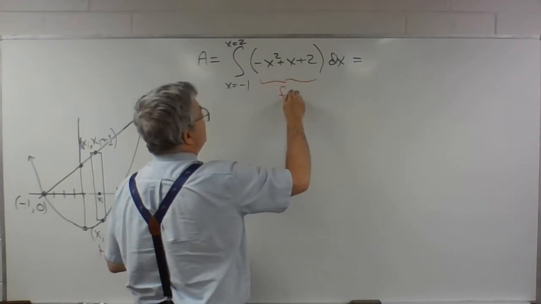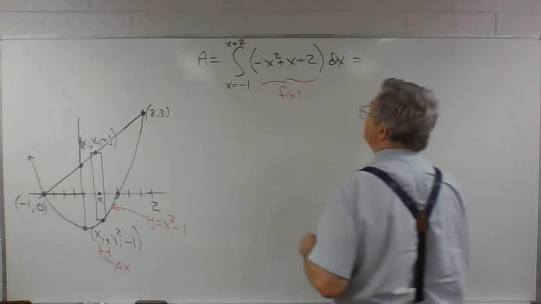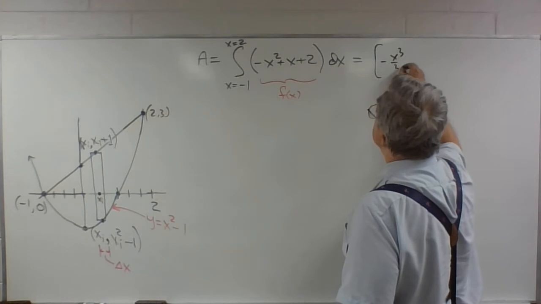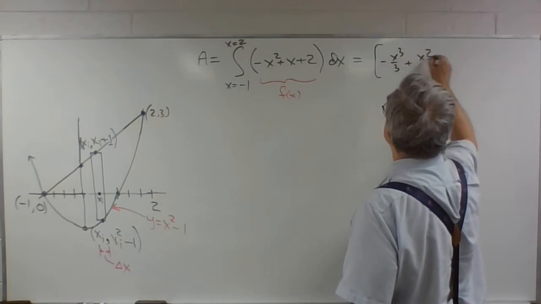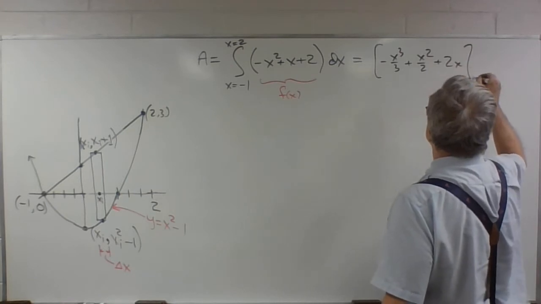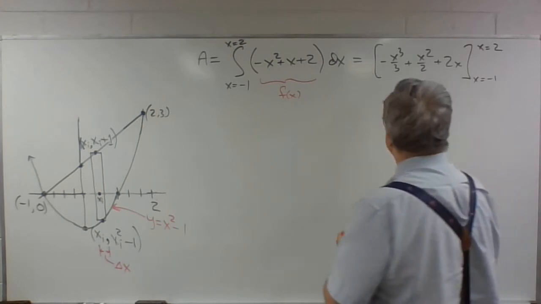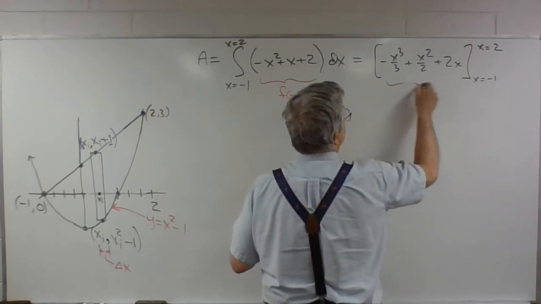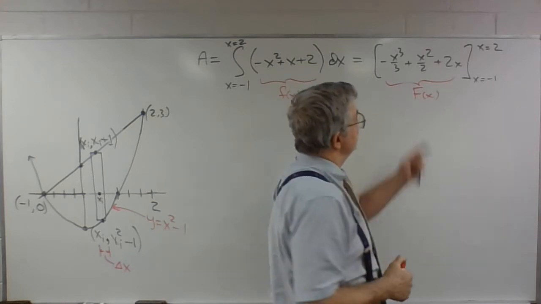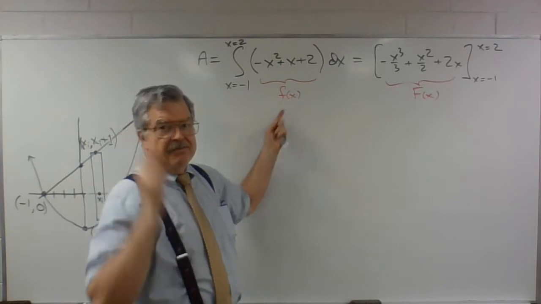This is going to be our little f of x. And we compute the antiderivative, -x cubed over 3 plus x squared over 2 plus 2x, and this is our capital F of x. This can be any antiderivative of little f of x.